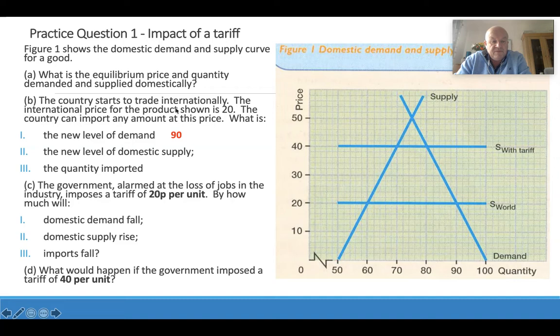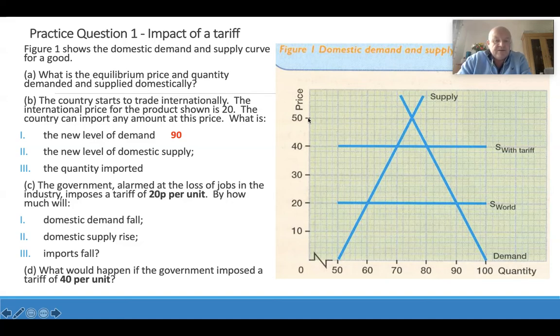So the equilibrium price and quantity demanded and supplied domestically would basically be 75 at a price of 50.